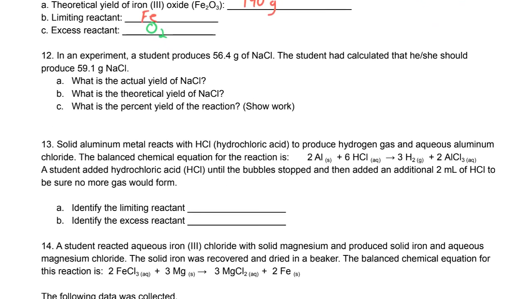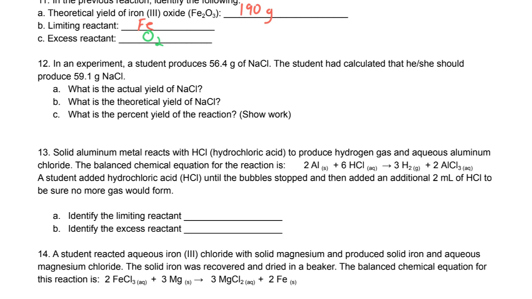All right. In an experiment, a student produces 56.4 grams of sodium chloride. The student calculated that he/she would produce 59.1 grams. What is the actual yield? It's 56.4 grams. Theoretical yield was the 59.1 grams.